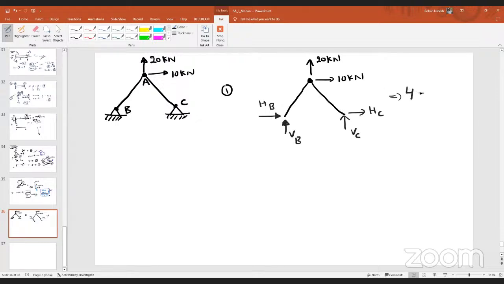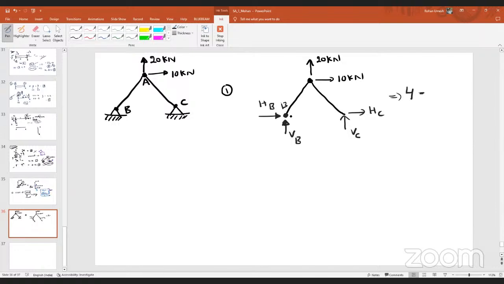How many equilibrium equations do we have to consider? 2? One thing, let me clarify here. We are taking the equilibrium of the entire structure, isn't it? This is not a single point we are talking about. We are taking the equilibrium of the entire truss. Tell me one thing, because of the 20 kilonewton force, whether moment will develop at point B or not?